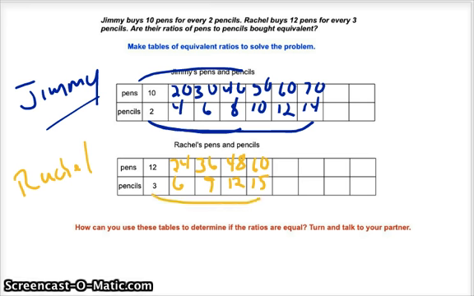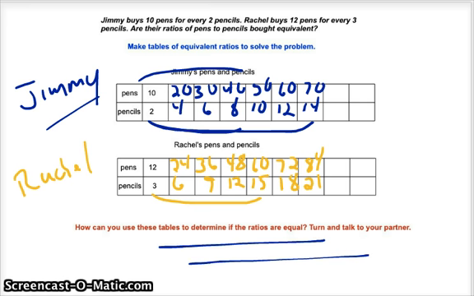So 3 times 5 is 15, 12 times 5 is 60. Okay, 72 pens, 18 pencils, 84 pens, 21 pencils. Now how are we going to use the table to see if their ratios are equal?